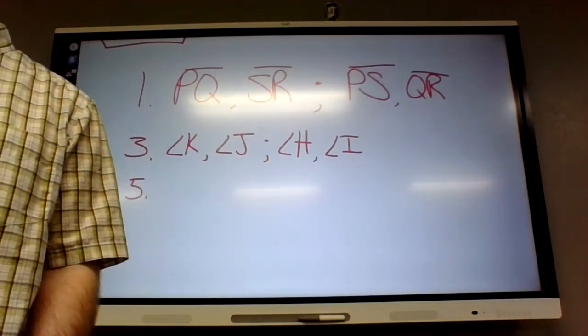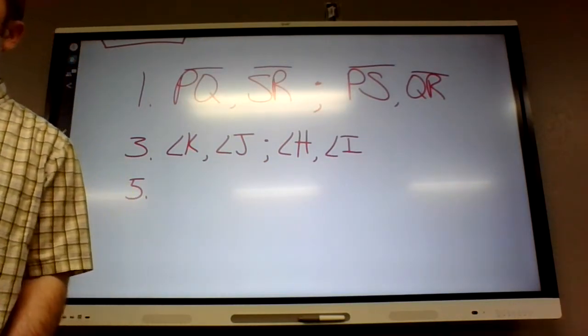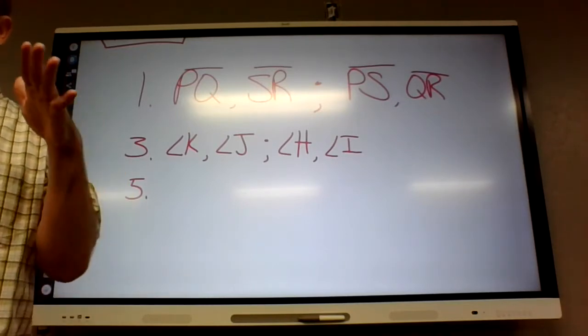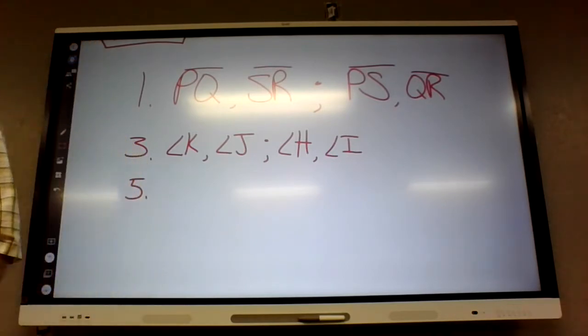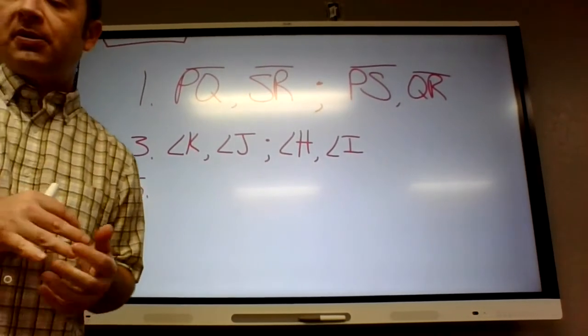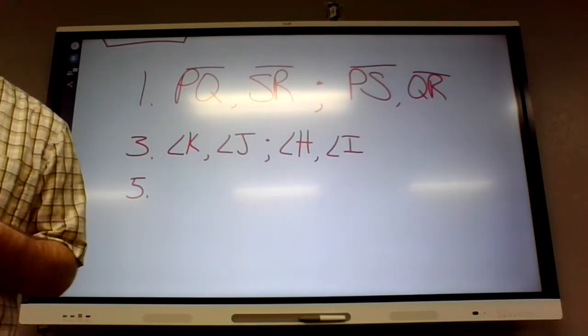Number 5. So on number 5, it says, what are the bases and legs in quadrilateral HIJK? The parallel sides, remember I said were the bases, and the non-parallel sides, they called them the legs. The legs are not always identical, although a lot of times they look like it. Sometimes they are. So on number 5, the order matters because it says bases first.